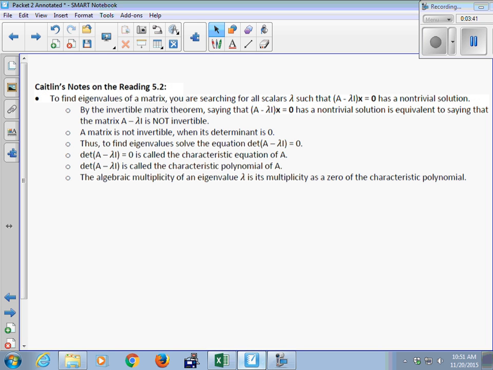Setting the determinant of A minus lambda I equal to 0 is called the characteristic equation of A. Without the equal 0 part, just the determinant of A minus lambda I is called the characteristic polynomial of A. The algebraic multiplicity of an eigenvalue lambda is its multiplicity as a 0 of the characteristic polynomial. So if you get it as a 0 more than once, it's an eigenvalue more than once.